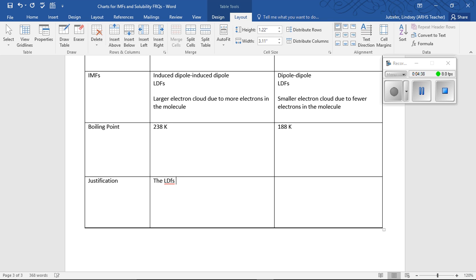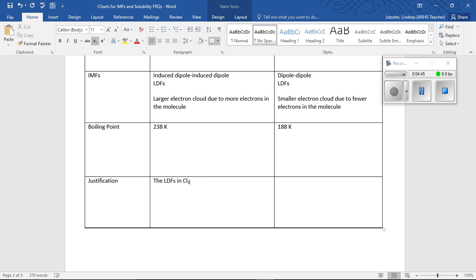The LDFs in Cl2 are significant and strong due to the fact that this molecule has a highly polarizable electron cloud.